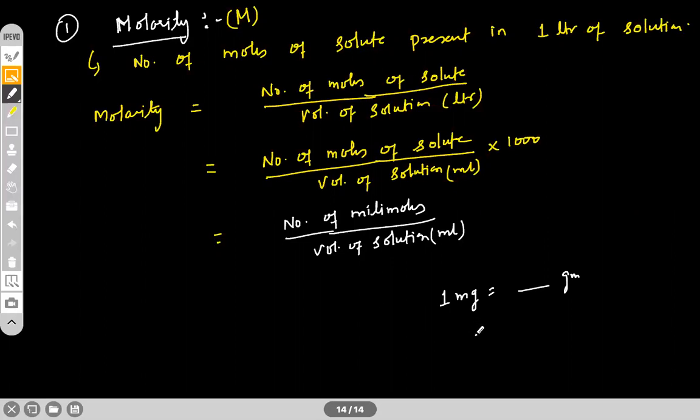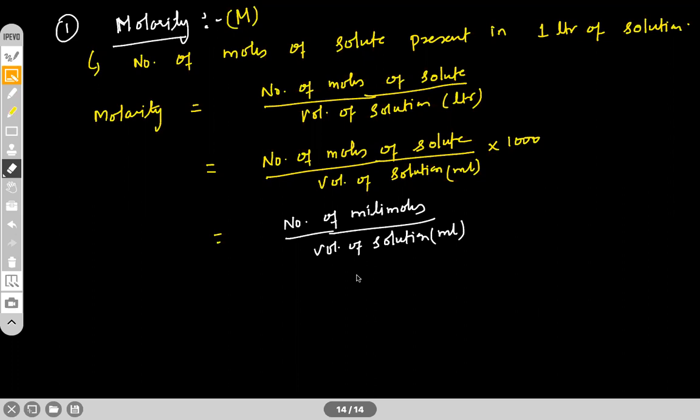Yes, right, correct. 1 mole into 1000 is 1 millimole. So these are the 3 expressions, same expression only, different units we have.